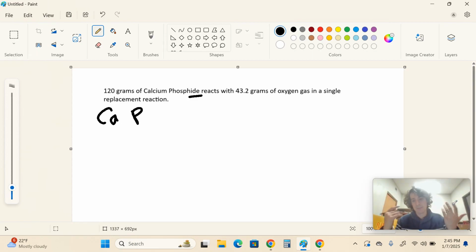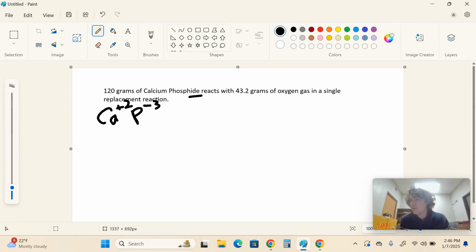But this one's pretty easy because calcium is an alkaline earth metal. Alkaline earth metals are always going to have a +2 charge. This is just like ionic compound formation, which I made a video on, so hopefully you remember this. But it helps to see the steps. So that's +2. Phosphide is P with a -3 charge.